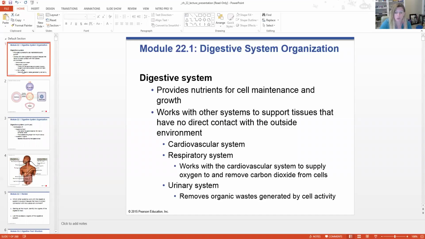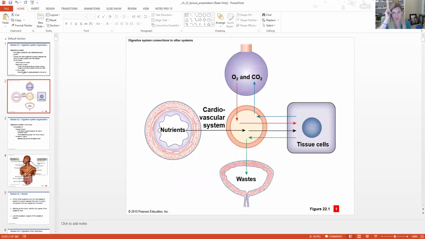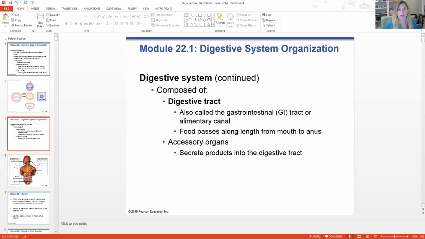You can see that here on this little image. The carbon dioxide and oxygen go into the blood. The nutrients from the digestive system go into the blood. All of the gases from the respiratory system and nutrients from the digestive system go into the tissue cells. Tissue cells produce waste. Waste is eliminated through either the urinary or digestive system, as well as the respiratory system, I should say, carbon dioxide, right?